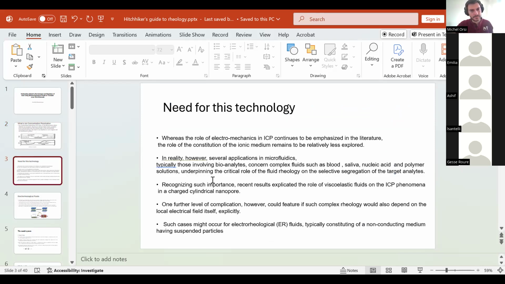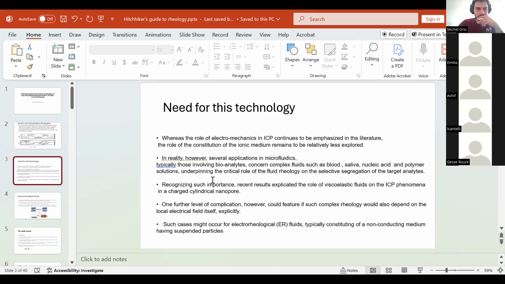So, what is the need for this technology? The role of electromechanics in ICP continues to be emphasized in literature. The role of constitution of the ionic medium remains to be relatively less explored. In reality, however, several applications in microfluidics, typically those involving bioanalytes, concern complex fluids such as blood, saliva, nucleic acid, and polymer solutions, all complex fluids, underpinning the critical role of the fluid rheology on the selective segregation of the target analytes.